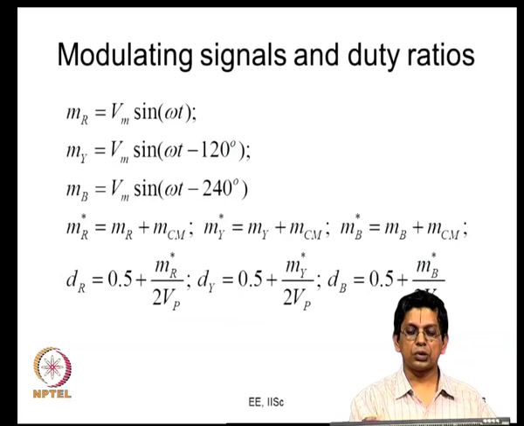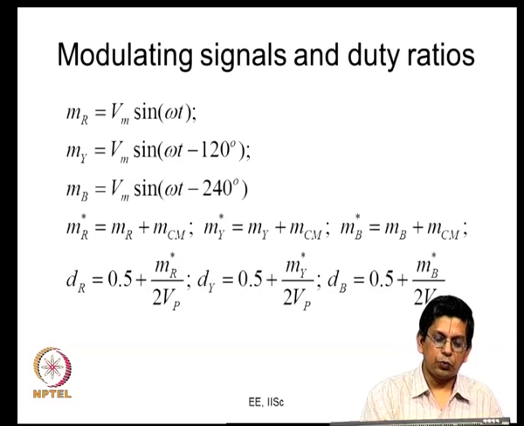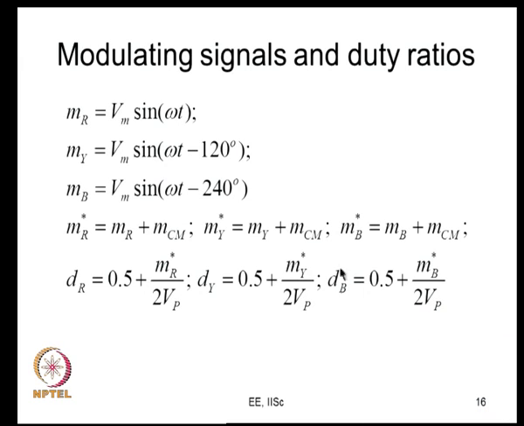Now, we have to look closely at the loss. For that you need the duty ratios of the different phases, as we will see shortly. So, this is your R phase modulating signal, Y phase and B phase. I am once again considering 3 phase sinusoidal signals, then I am adding common mode there. So, what is my duty ratio of R phase? It is 0.5 plus MR star by 2 Vp.